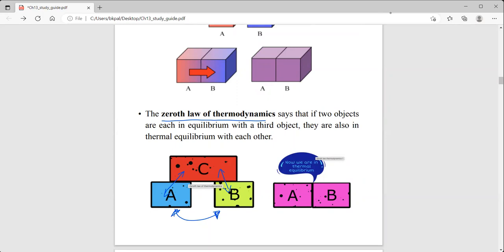And it makes sense. Because C is common here, A and B need to be in thermal equilibrium. So that's the zeroth law of thermodynamics.